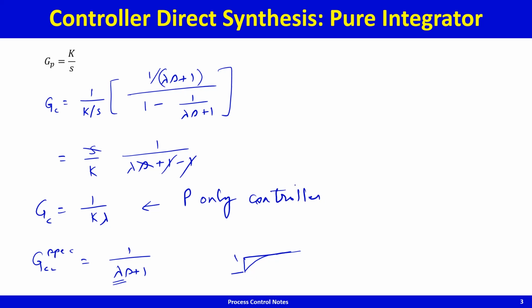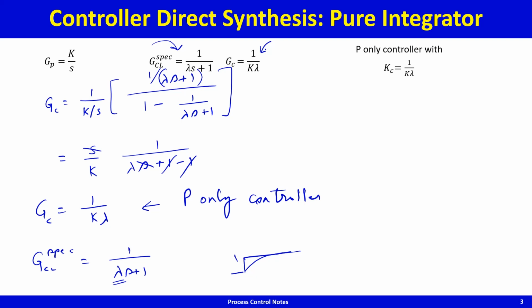So what we have is, for GCL specified as a first order lag, the controller equation turns out to be a proportional only controller with gain Kc equal to 1 by k lambda.